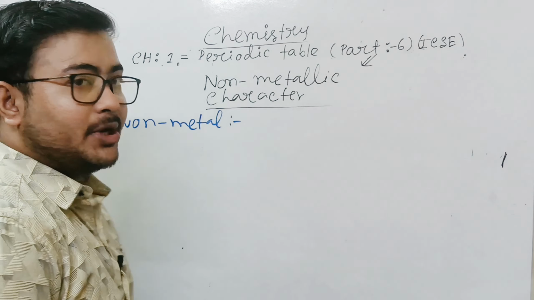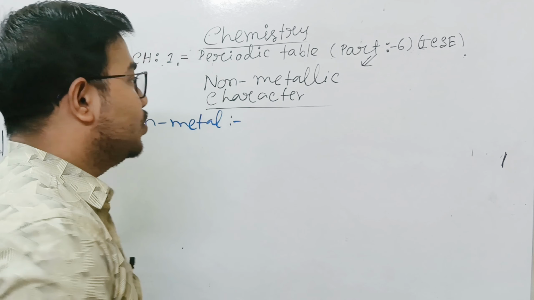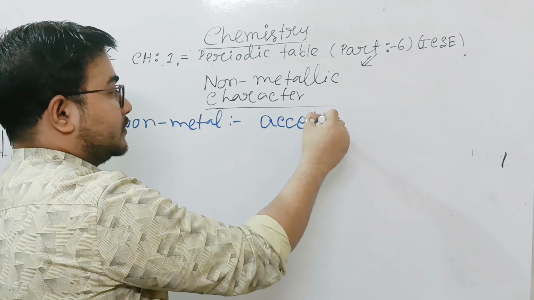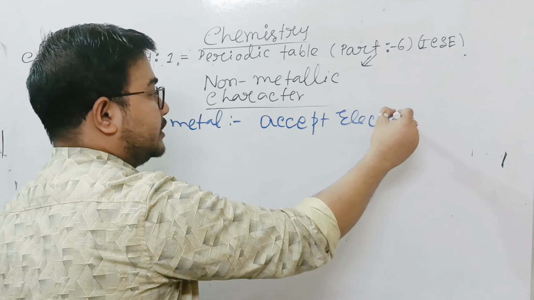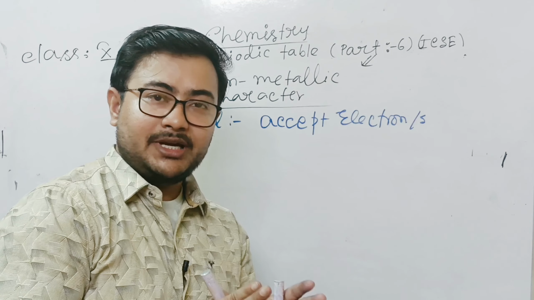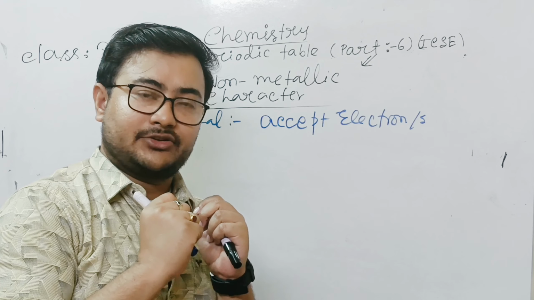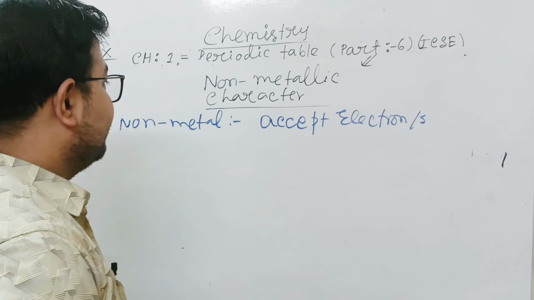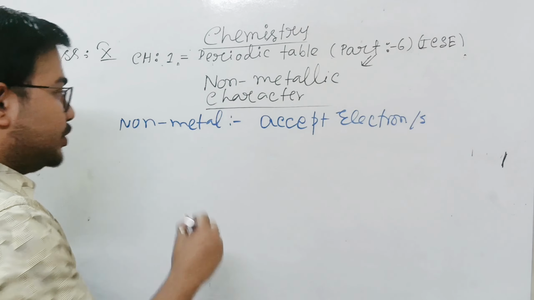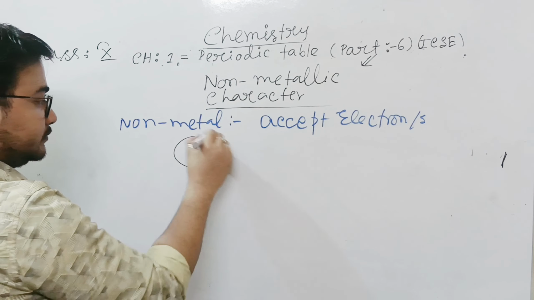Non-metal is an element which has a tendency to accept electron or electrons. So what is non-metal? It is an element has a tendency to accept electron. Okay, it is non-metal.